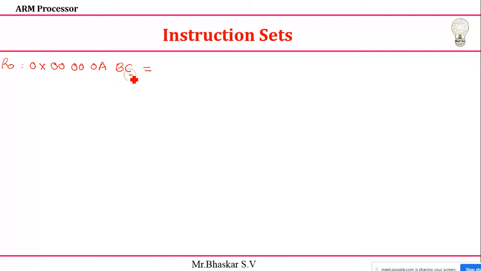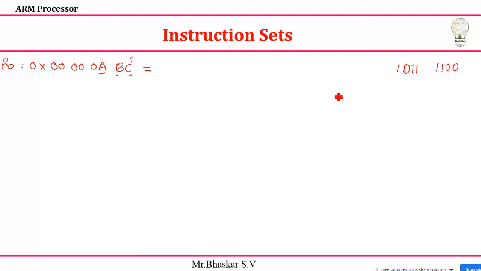So C, what is the C value in terms of 4 bits? I'll get 1100. Next, the B value: 1011.